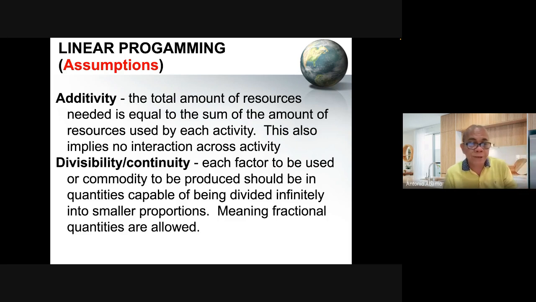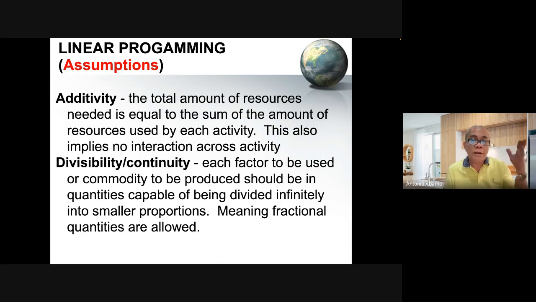Integer programming is different from linear programming because in integer programming you cannot allow divisibility of resources. Like for example, number of trees, how will you account for 0.53? Number of persons, how will you account for 0.75 person?